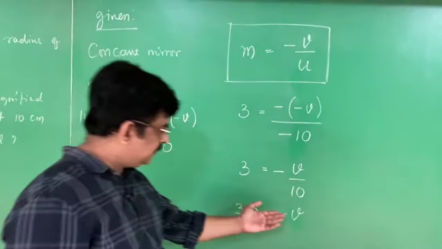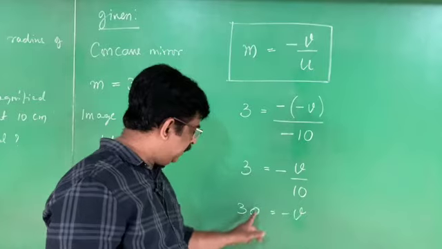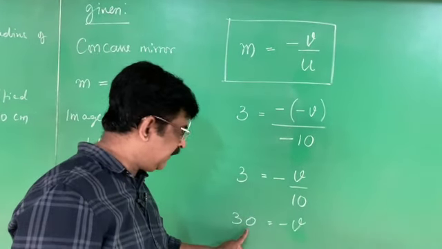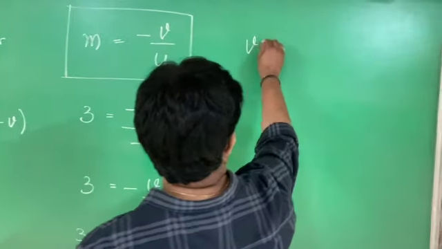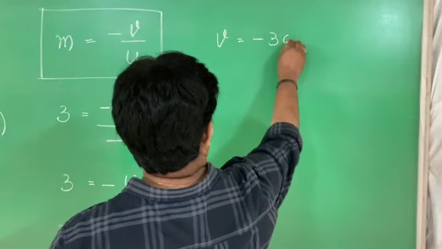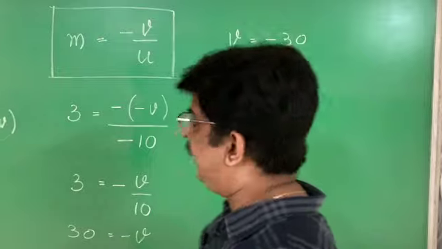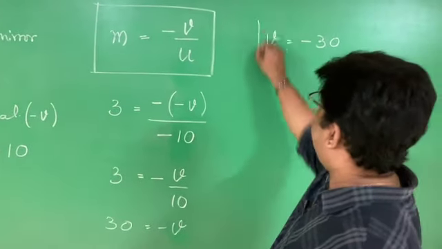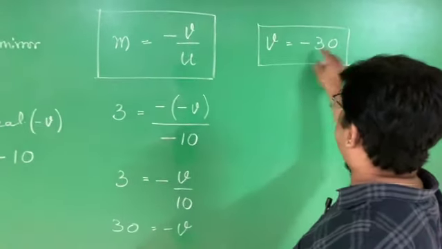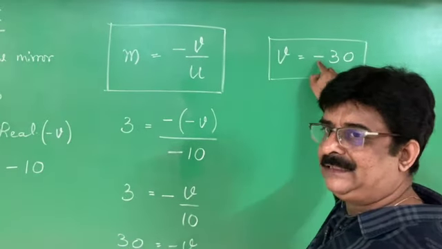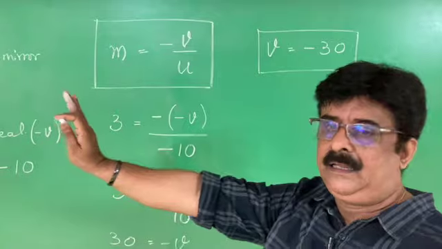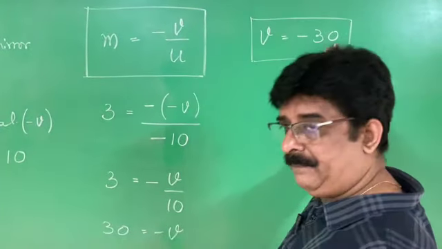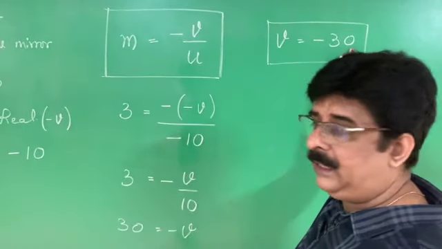This is the answer we already got. The image is going to form 30 centimeter on the negative side. Therefore V is equal to minus 30. Don't just consider this as minus 30. Minus means it is on the left side, 30 centimeter from the pole of the mirror.